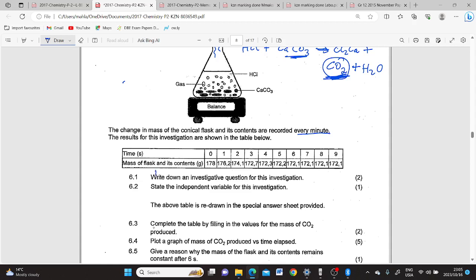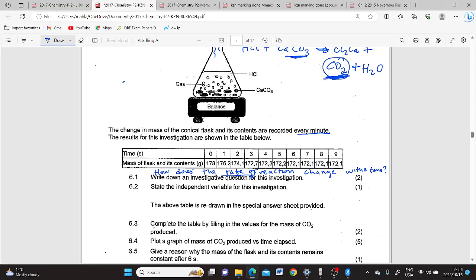So we can say, how does the rate of reaction change with time? Now this is our dependent variable.